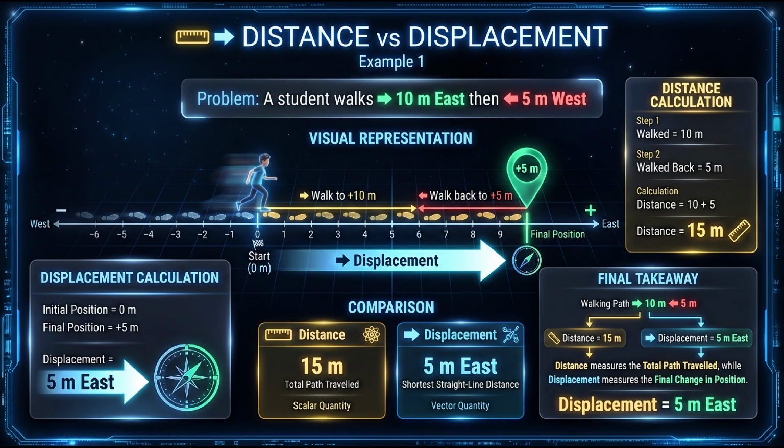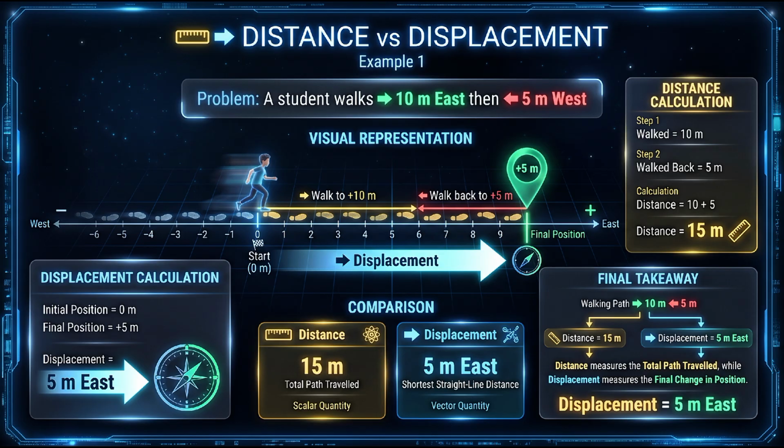So, if we compare both quantities, distance is 15 meters because it represents the total path traveled, while displacement is 5 meters east because it represents the shortest straight-line change in position from the starting point to the ending point. Distance is a scalar quantity, which means it has only magnitude and no direction. Displacement is a vector quantity, which means it has both magnitude and direction.